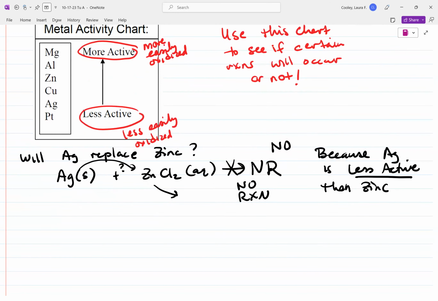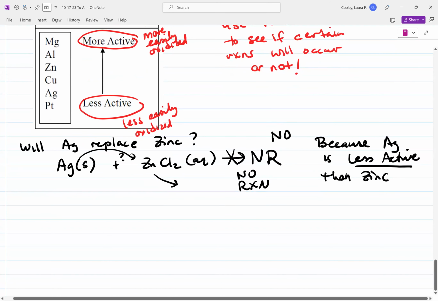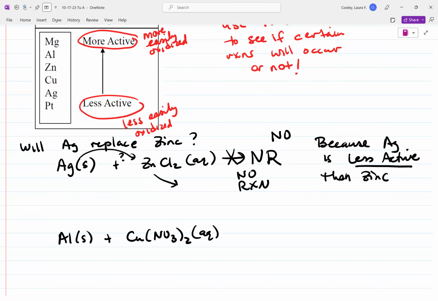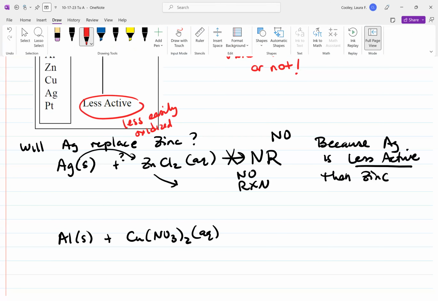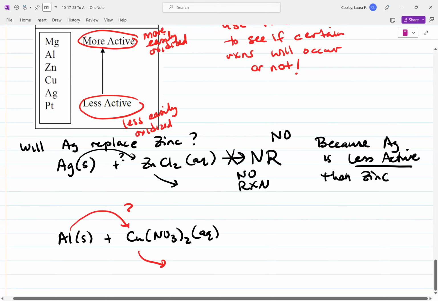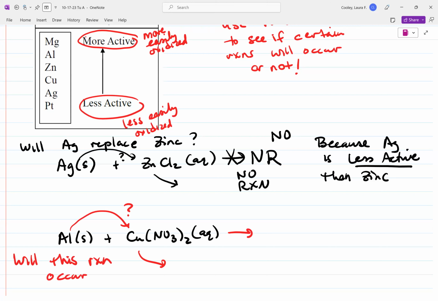All right, here's another one. Suppose I have aluminum and copper nitrate. Will this happen? Will silver replace copper? Sorry, that's not silver, it's aluminum.